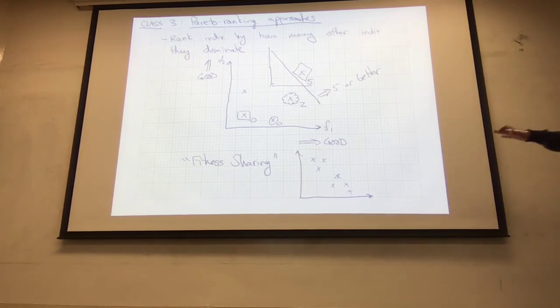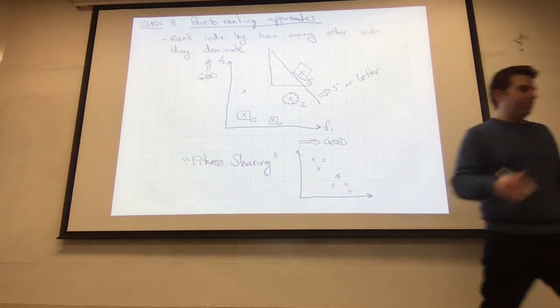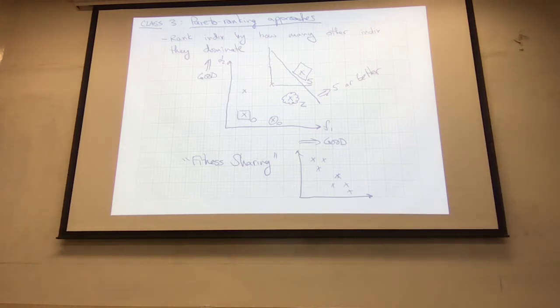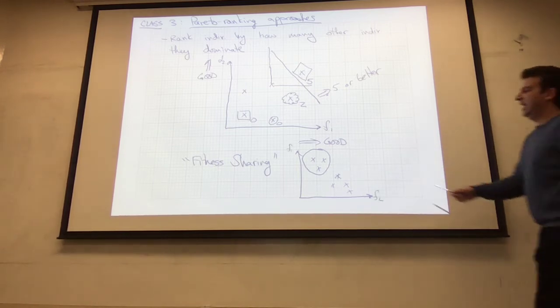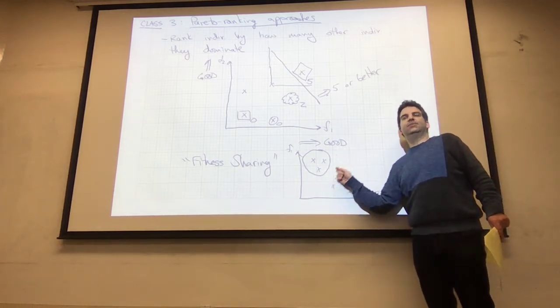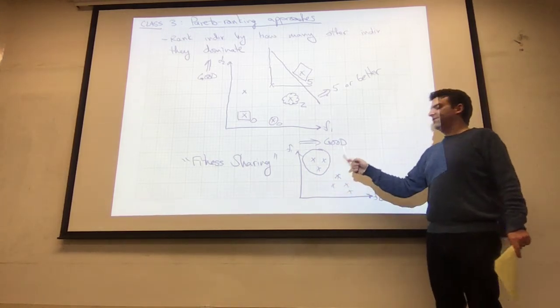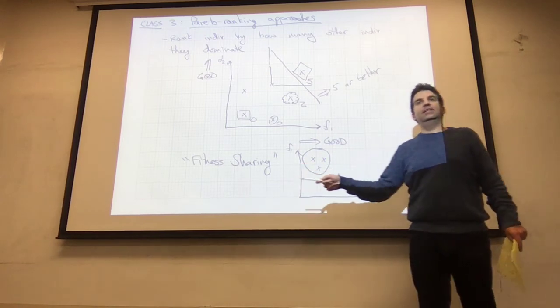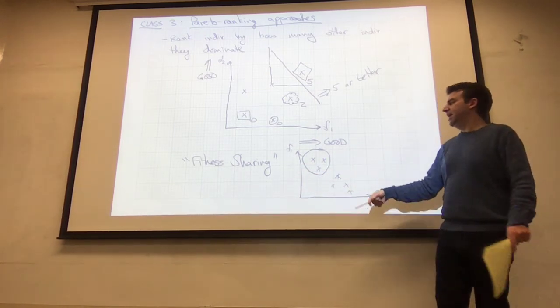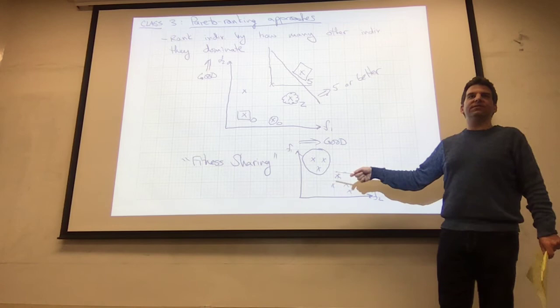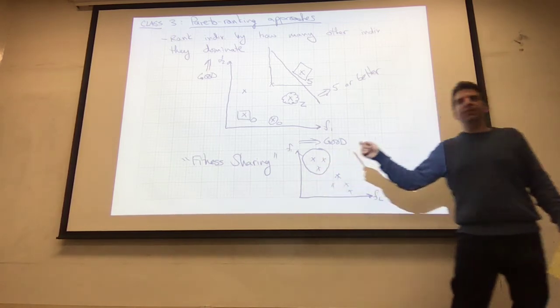When I'm evaluating the fitness, I pick a point and draw a circle around that point in criteria space. So this is my F1, F2 criteria space, not decision space. And anyone inside this sufficiently small circle, I am going to divide their fitness, for example their Pareto rank, by the number of individuals in that bubble.